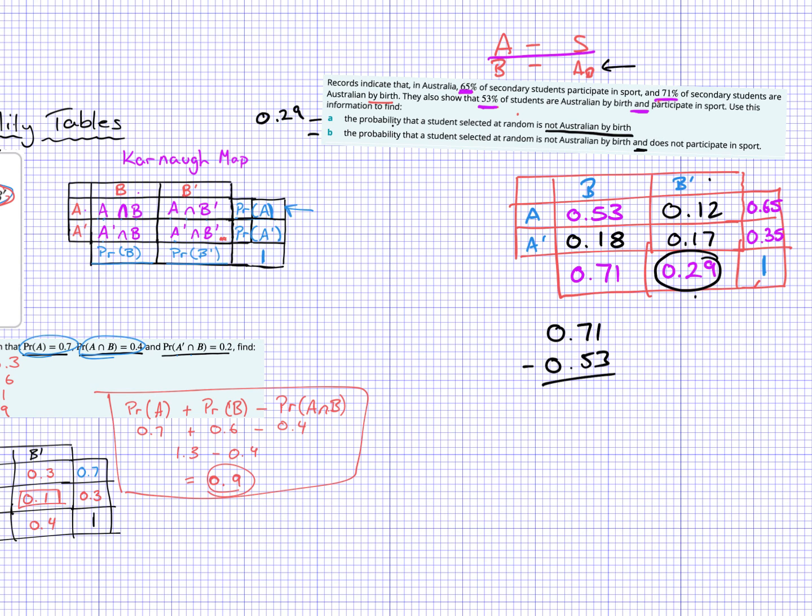So we want not B intersection not A. Okay, so we need to find that region in the Kano map, which is this one here. So it's this 0.17. So 0.17 chance that the student is not Australian and doesn't do sport.